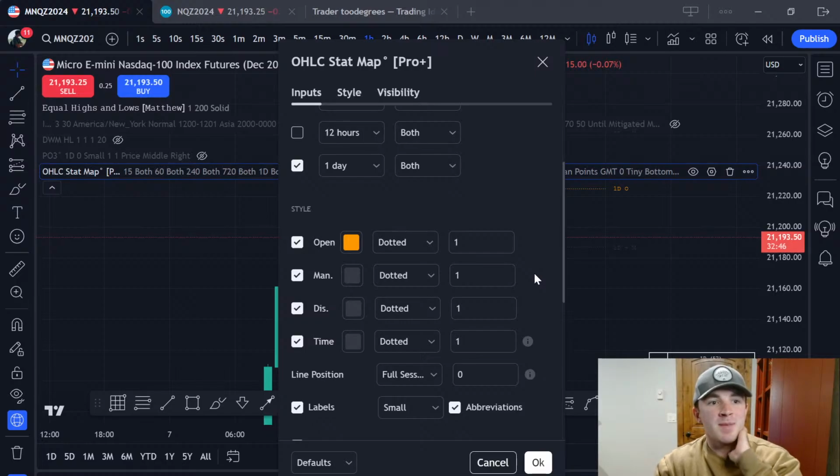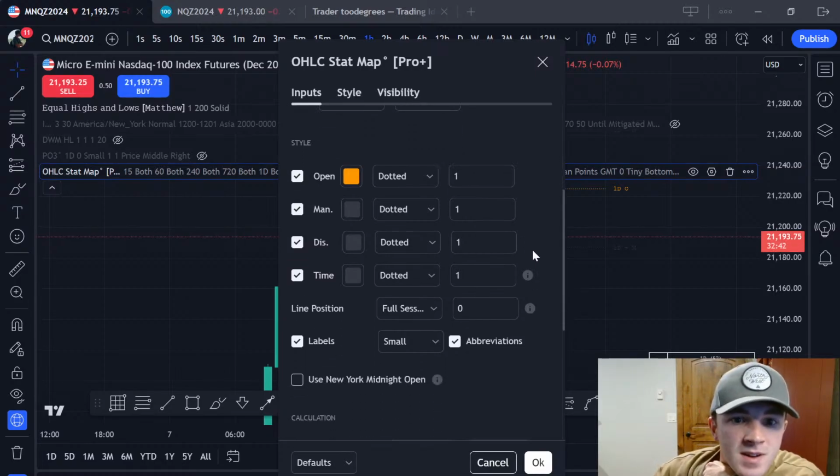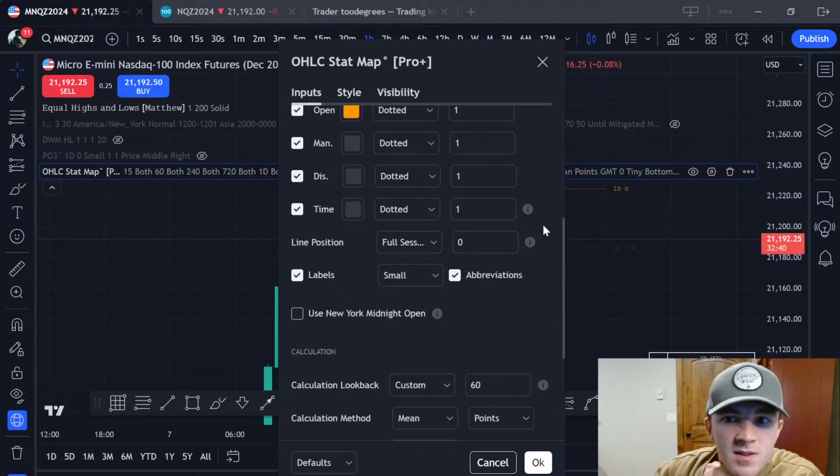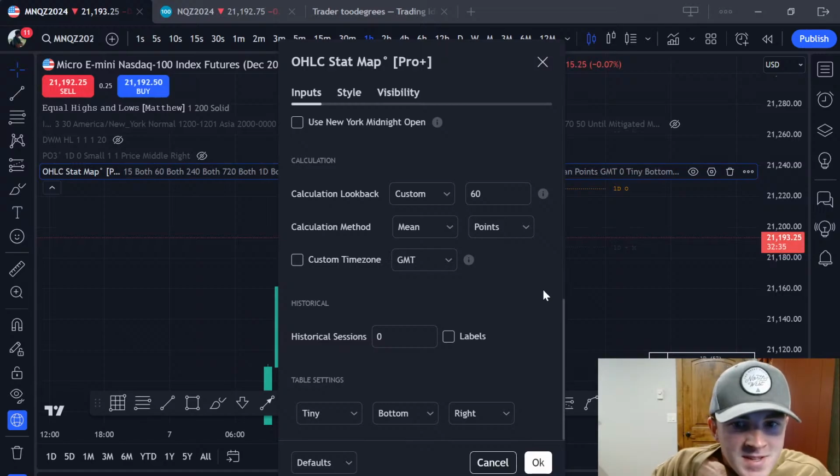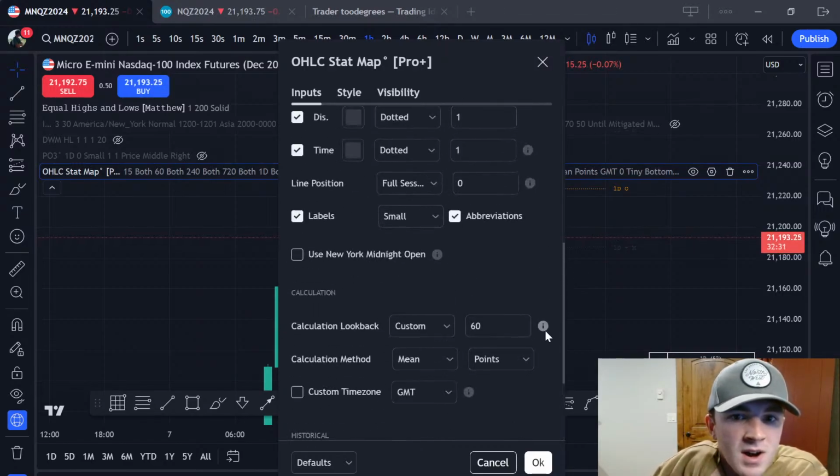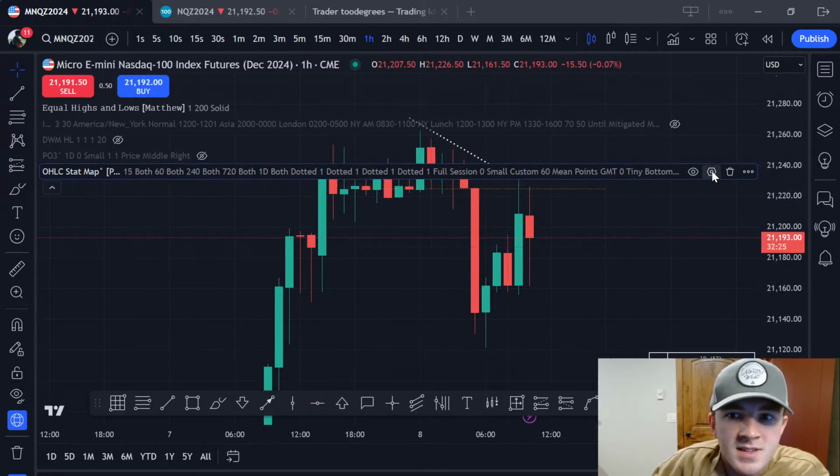The stat map, or what are you wondering about? Yeah, I can explain the stat map in a second. I guess it's not the label.